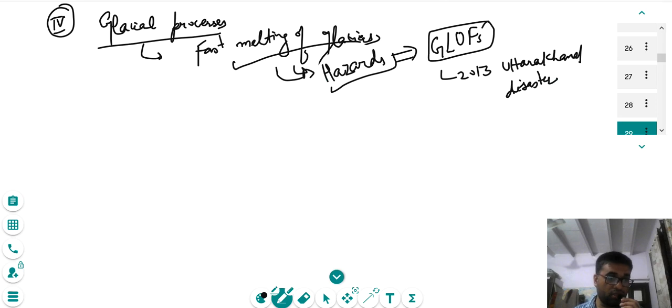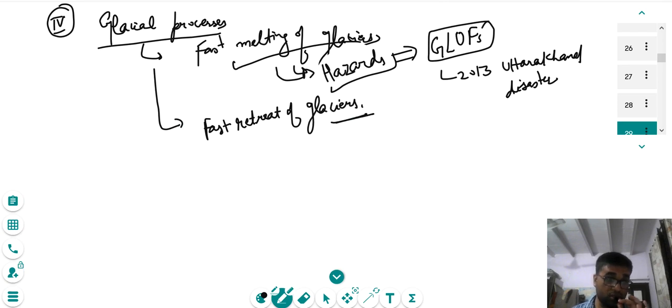Along with this, there is fast retreat of glaciers. So this is the next aspect of global warming.